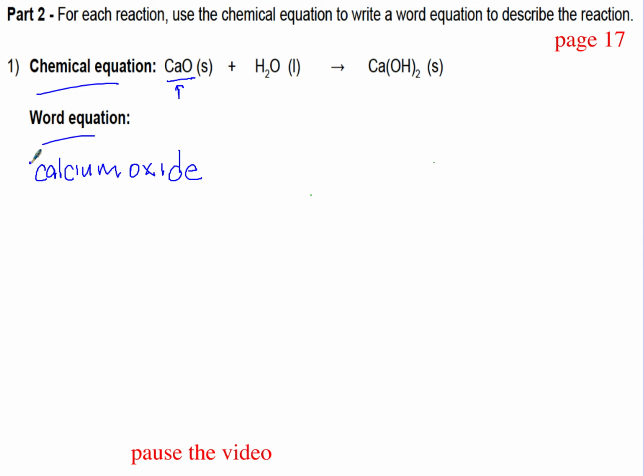Solid calcium oxide, so solid calcium oxide plus liquid H2O. We could say dihydrogen monoxide, but we're going to keep it simple and say liquid water. Reacts to form solid calcium hydroxide.